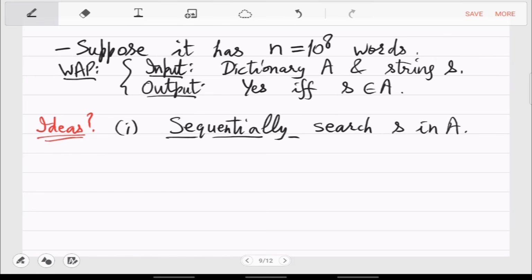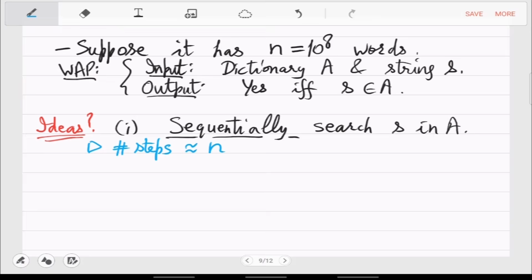If you were stupid, of course you would do that, but then the problem is that you are reading everything. Although you have a sorted array or a dictionary, still you are going through every word when you are only interested in S. So for this stupid algorithm, the number of steps is around n.